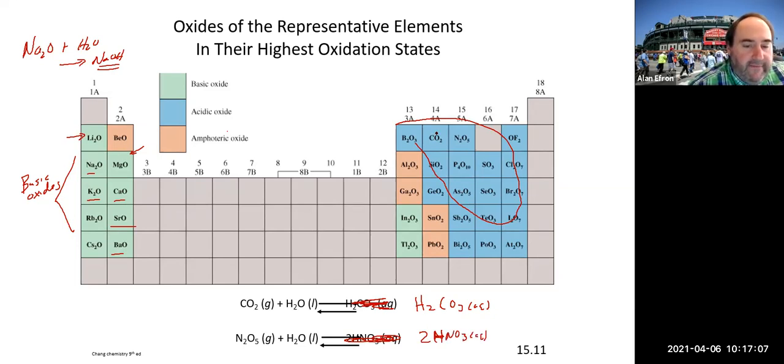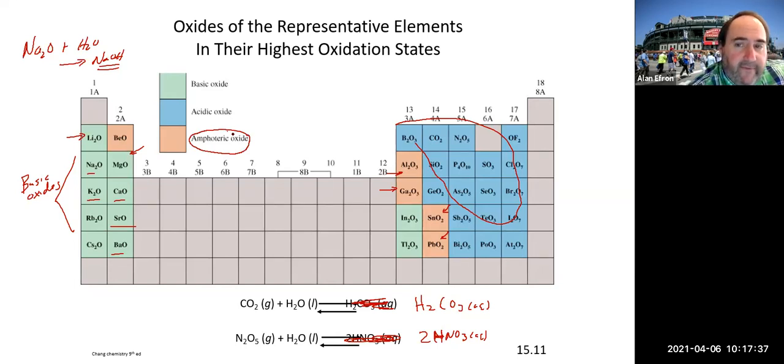So a lot of acidic oxides happen up here on the upper right where our nonmetals are placed, and our basic oxides on the left-hand side. And in this region here, we have some of these amphoteric oxides. Amphoteric, again, means that it can go either way, acting as an acid or a base in that particular case.